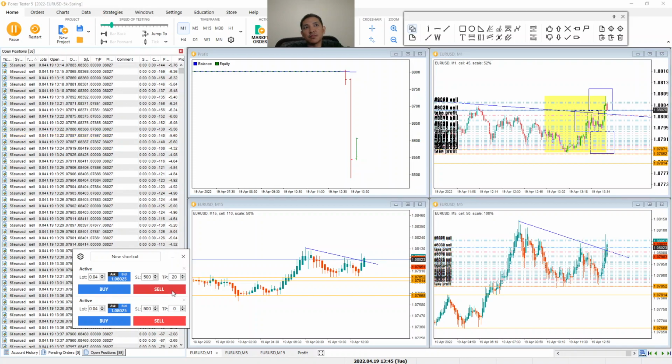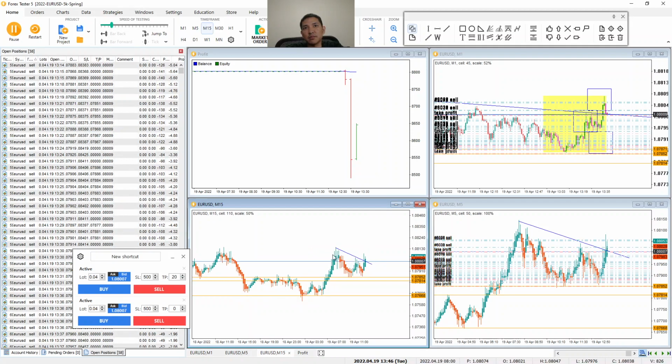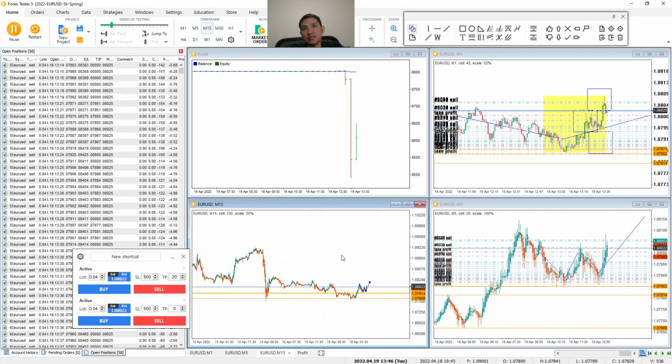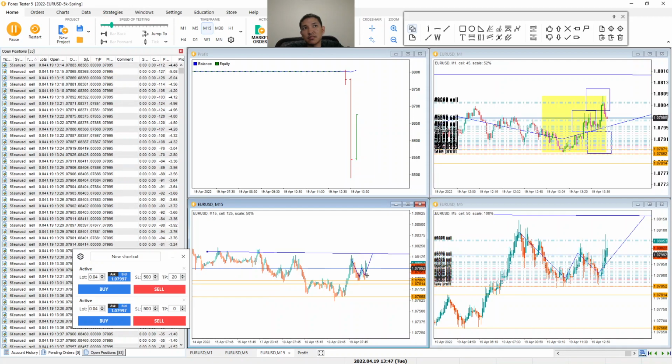So it should turn down still, but right now this is forming a W. So broken the trend line, and we got a little W here. So likelihood wants to break this consolidation up, but based on this action I would think not.